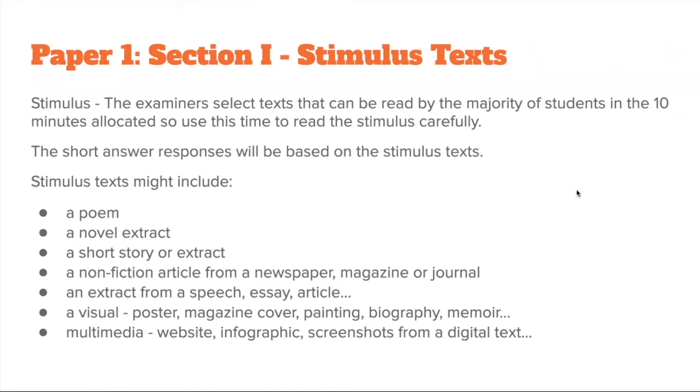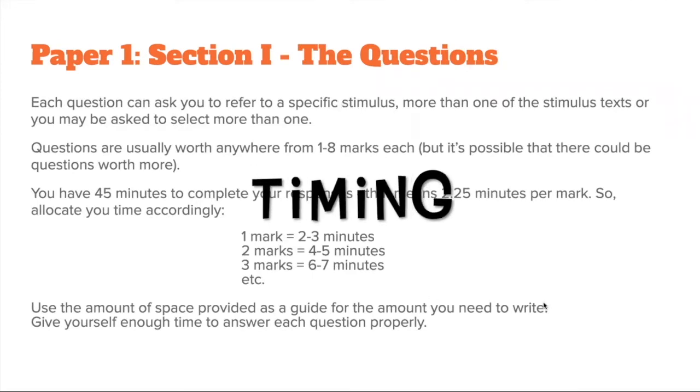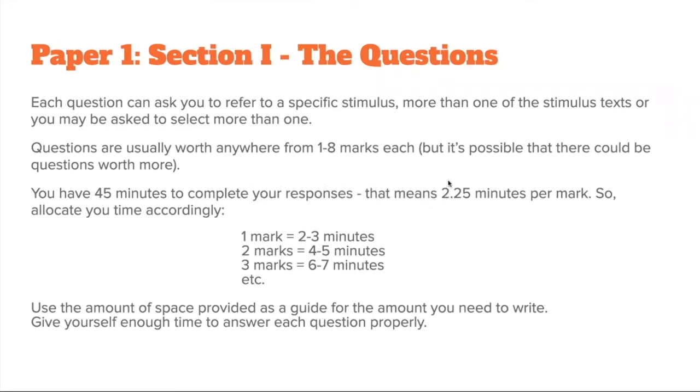Sometimes infographics, anything like that. Now, a few key things that I wanted you guys to remember. The questions can ask you to refer to a specific stimulus, or they can sometimes ask you to, for example, compare, or even just say, select the two texts that you think are most appropriate for whatever the question is, and justify your answer.